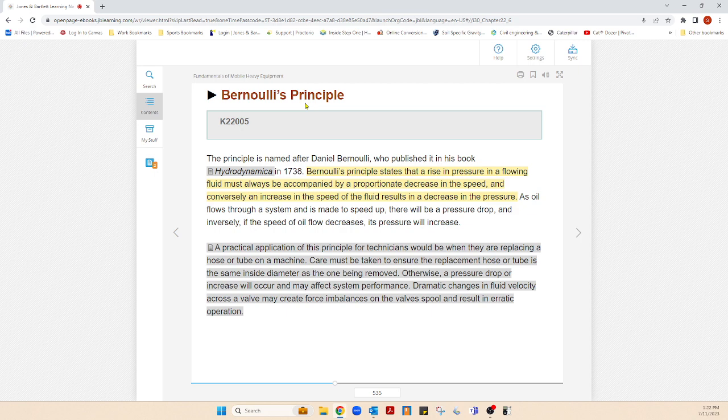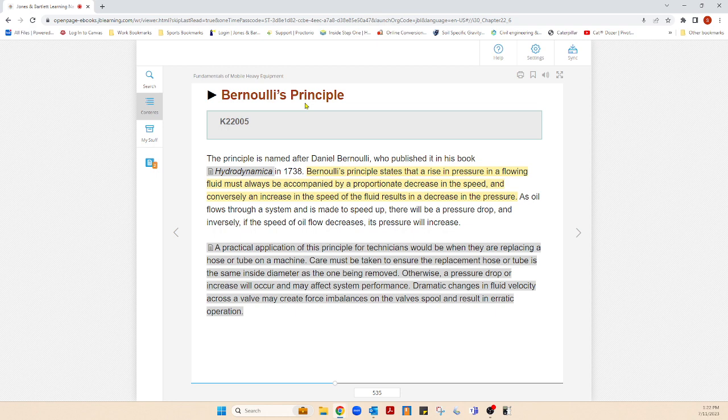His principle states that a rise in pressure in a flowing fluid must always be accompanied by a proportionate decrease in speed, and conversely, an increase in the speed of the fluid results in a decrease in the pressure. As oil flows through a system and is made to speed up by the pump, there will be a pressure drop, and inversely, if the speed of the oil flow decreases, its pressure will increase.